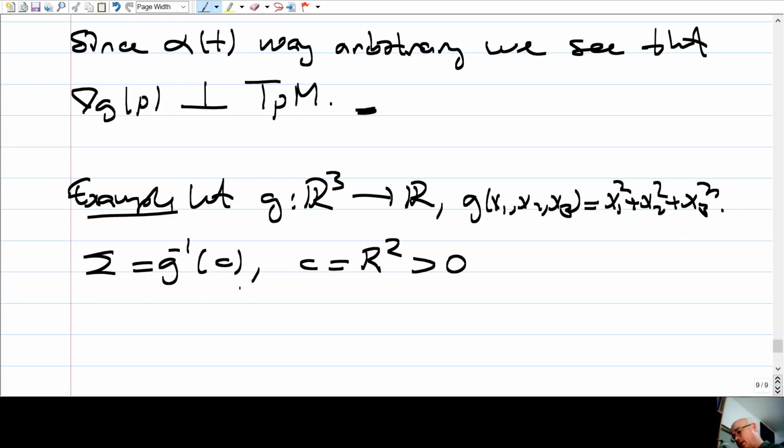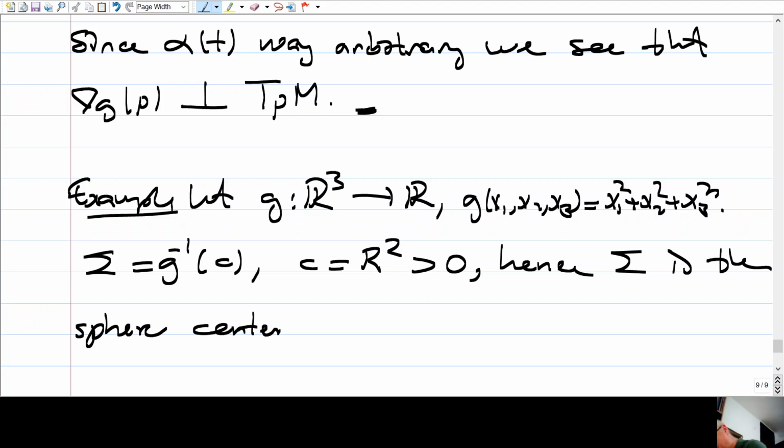So this is the set where the sum of squares is equal to r squared. So this is a sphere. Hence, it is the sphere centered at the origin with radius r.